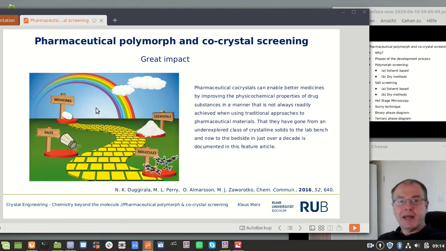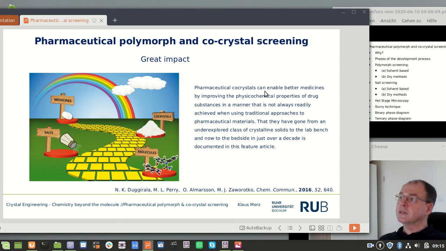There was a very nice contribution in Chemical Communications from the Savarot group, very nicely showing the path starting from molecules and ending in medicines, and the different ways, for example, development of salts or the development of co-crystals.